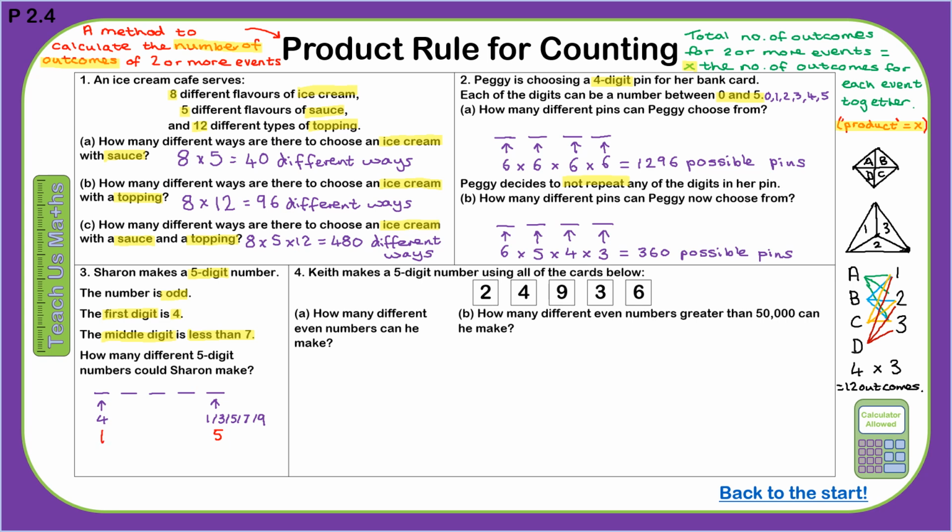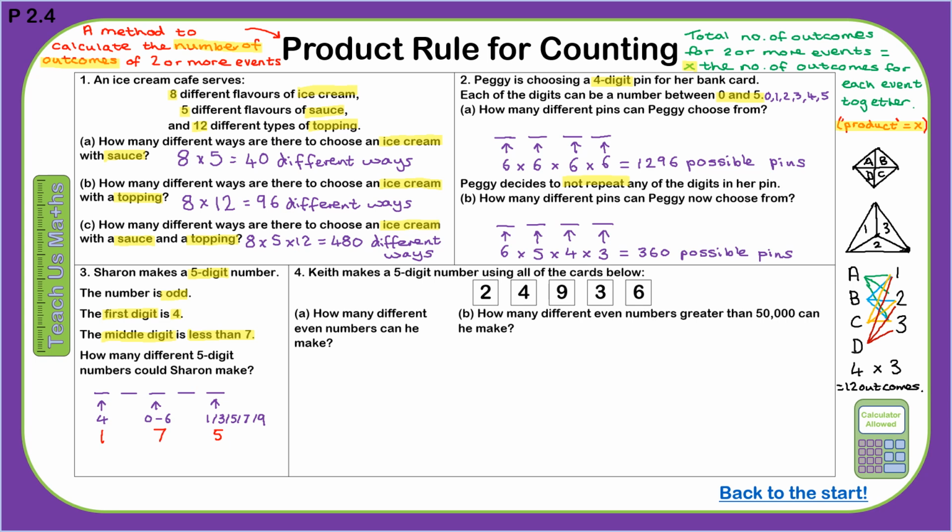The middle digit is less than 7. So that could be anywhere between 0 and 6. So 0, 1, 2, 3, 4, 5 or 6. That's a total of 7 different options for the middle digit.